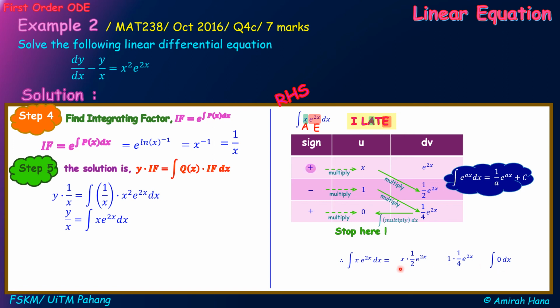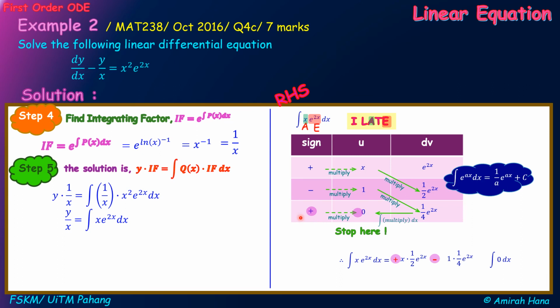After that, we multiply the signs. Positive times positive times positive equals a positive sign here. Negative times positive times positive equals a negative sign here.